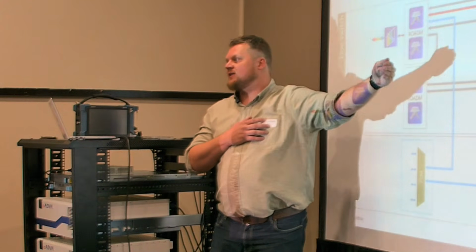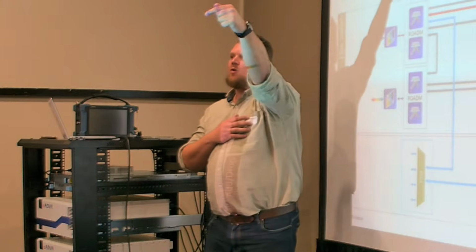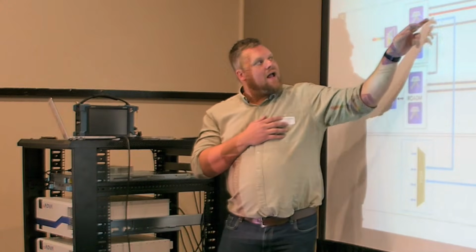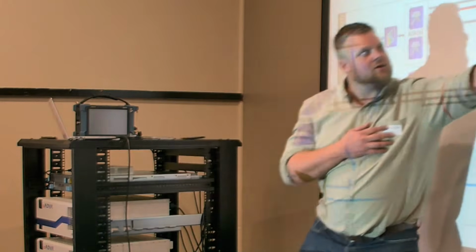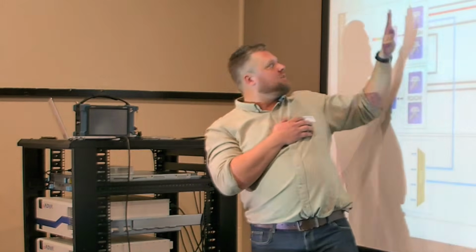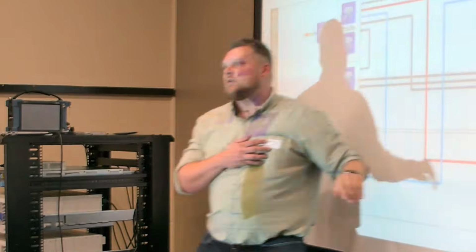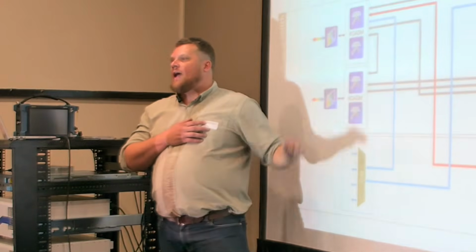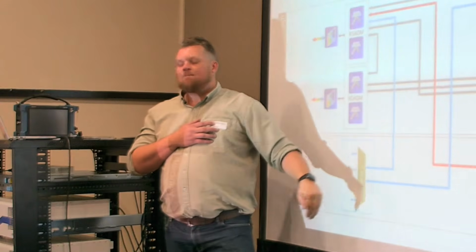Each of these interfaces is either connected to its neighbor or to a drop direction. So typically, you'll have a drop direction on a ROADM, and then you'll have all your neighboring pass-through connected. So this ROADM will connect to that ROADM for pass-through signals. This one will connect to that one for pass-through signals, and vice versa. And then it will have a drop direction.